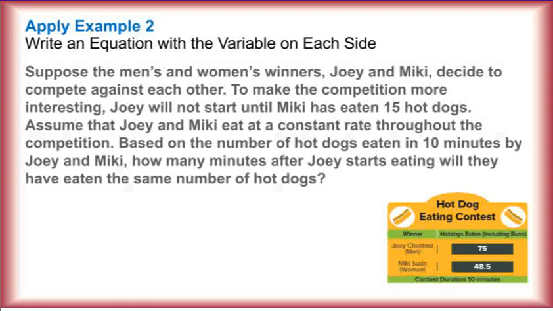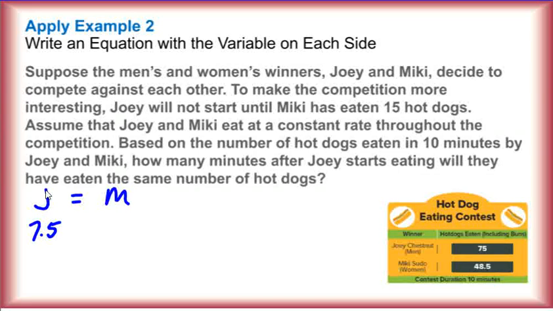To start off, we need to know that Joey has to equal Miki's number. So Joey's number is 75 total hot dogs, but that's in 10 minutes. We want to find out their rate. So if Joey ate 75 in 10 minutes, that is 7.5 per minute.